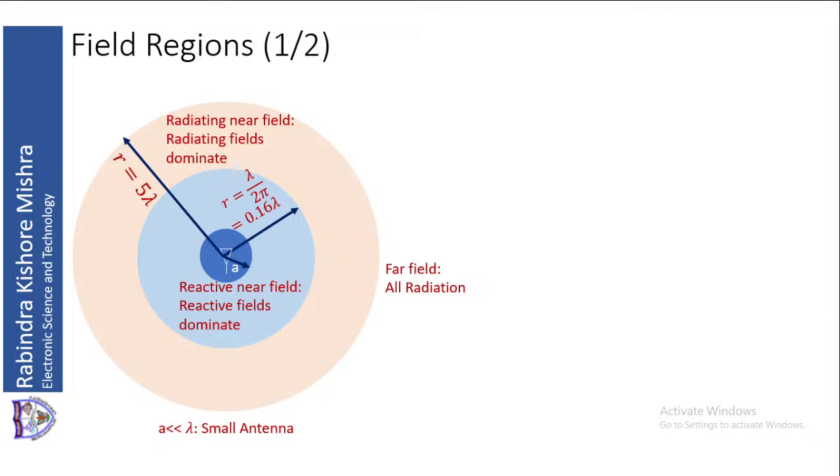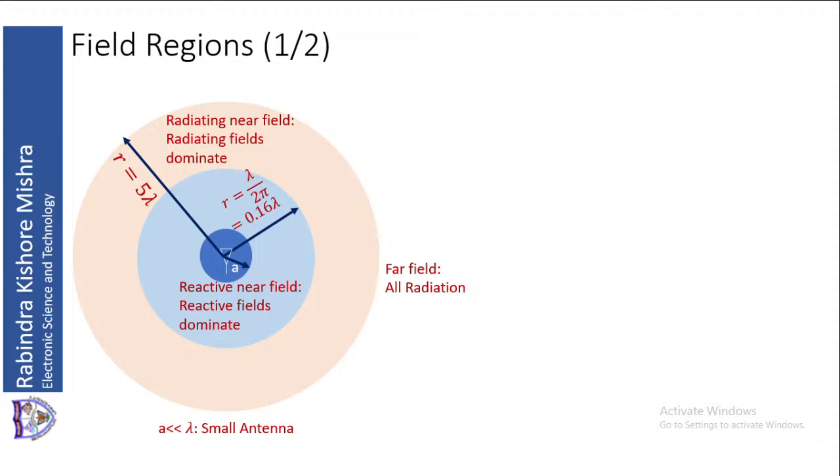If lambda is the wavelength radiated by the antenna, and A is the radius of the smallest sphere which encloses the antenna completely, such that A is very small compared to lambda, under that condition we can define the radiating fields in this manner.